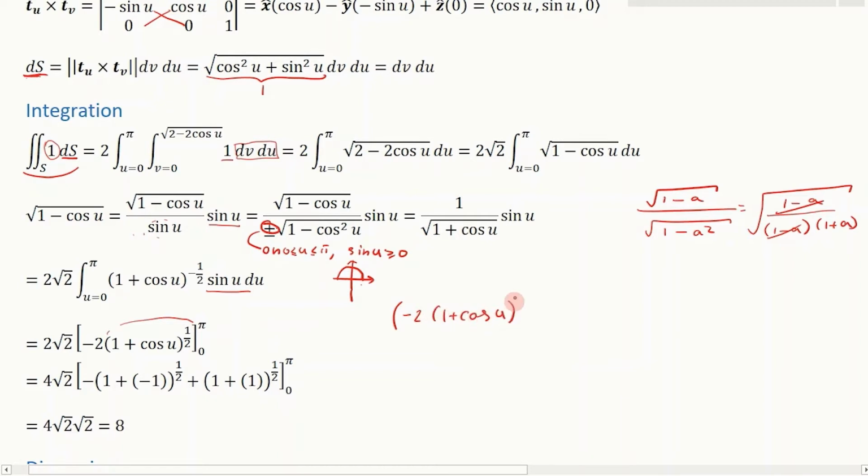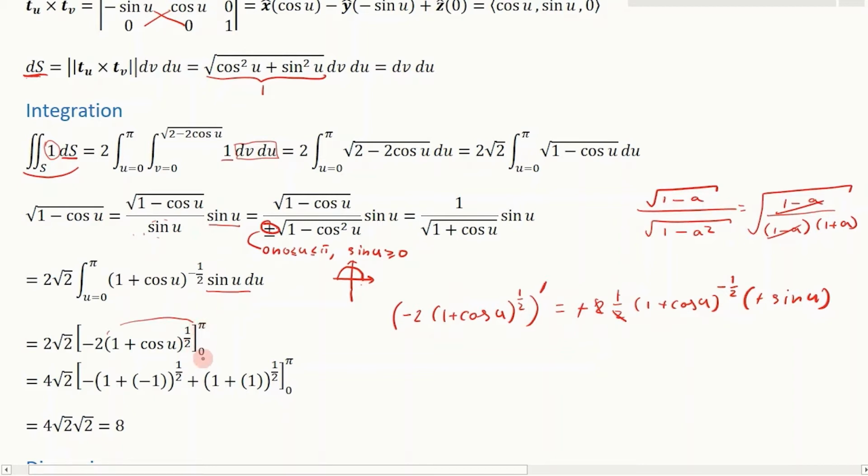I want to show you that when I differentiate this, I'll get the integrand of this. So I get negative 2 times 1/2 times 1 plus cosine u to the power of negative 1/2 times negative sine u. So then negatives cancel, 2 cancels, and we get back the integrand.